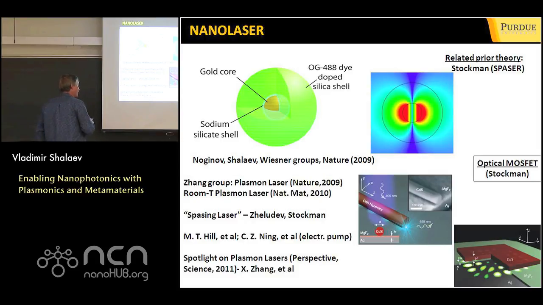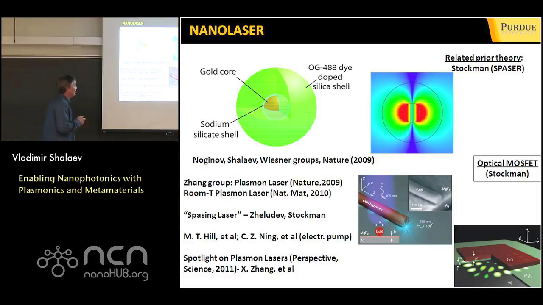And the role of the MOSFET in case of nanophotonics would be played by this nanoscale laser, because it would provide an exceptionally small source of coherent radiation. And since it's a nonlinear device, it could be used for all types of nonlinear switching. And so I'm saying that it could play a similar role in case of nanophotonics as the MOSFET plays in case of electronics.